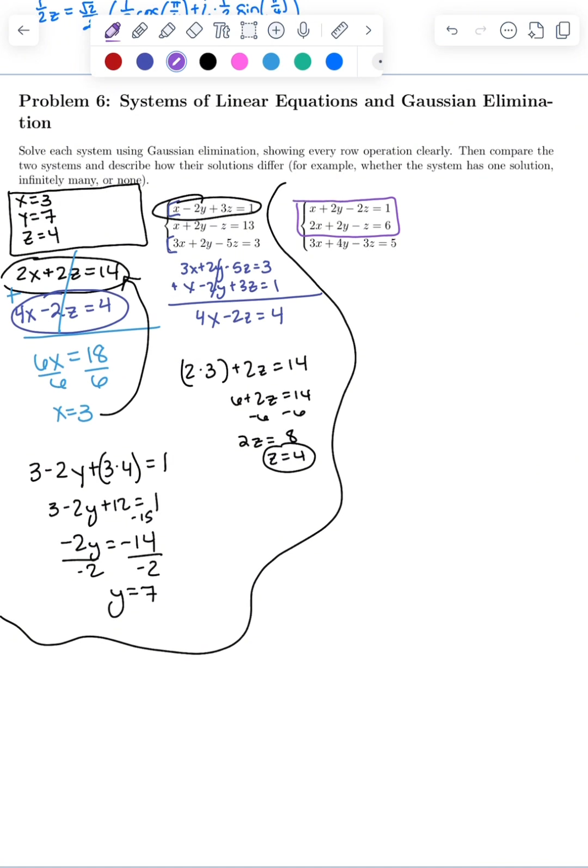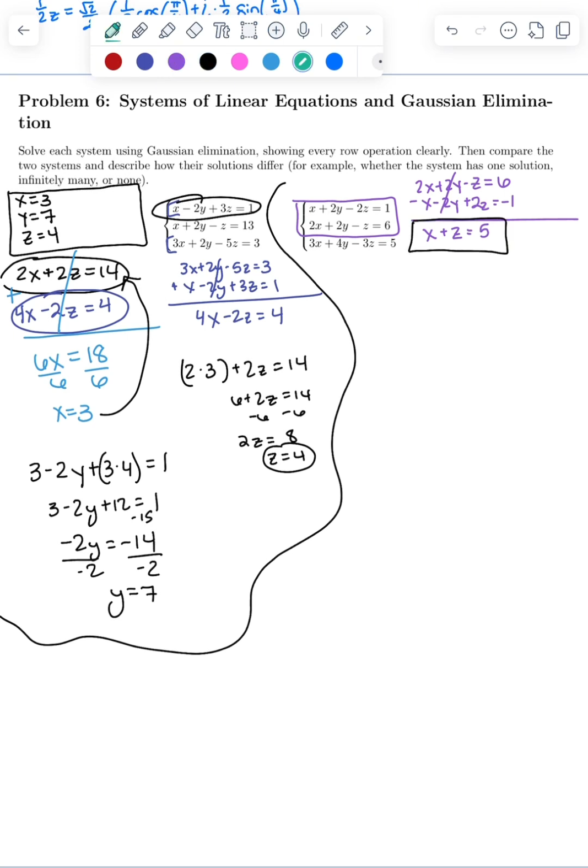So for this next one, we're going to start with the same process. We're going to do 2x plus 2y plus 2z equals 6, the second equation, and then subtract the first equation, so multiply it all by -1 in order to cancel out y. That leaves us with x plus z equals 5.